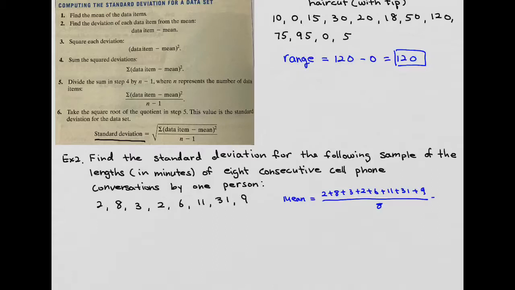This gives you 72 divided by 8, which is 9. So your mean is 9.